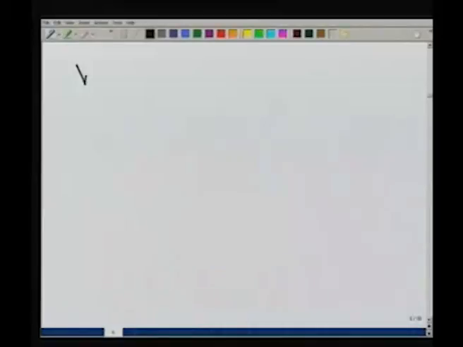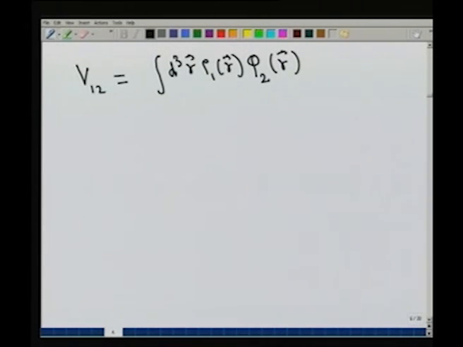So let me start with the expression for V12. What was my V12? My V12 was written as integral d cubed r rho 1 of r phi 2 of r. I have removed the notation r1 because it is understood. Therefore, if you want, I can even keep this.